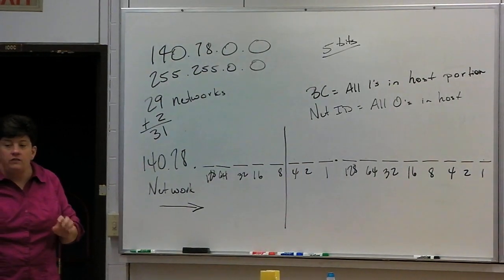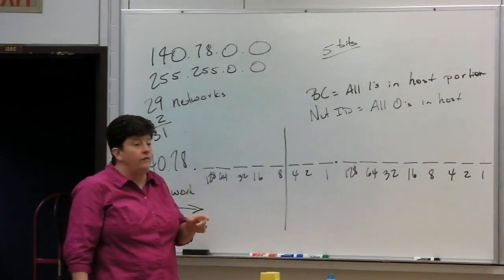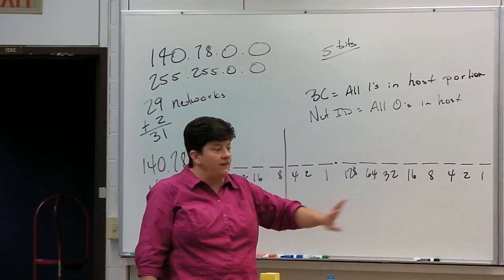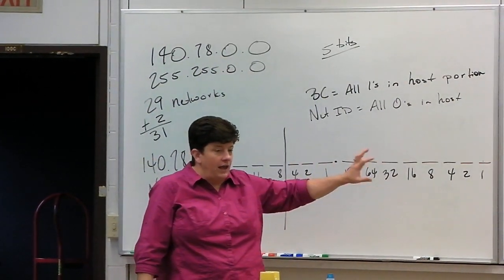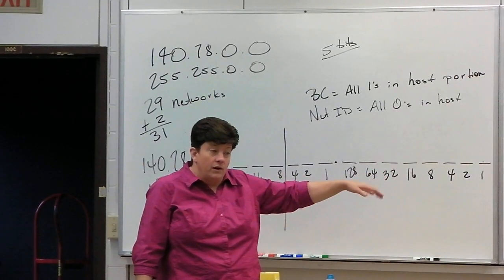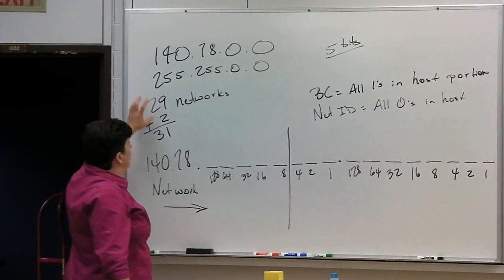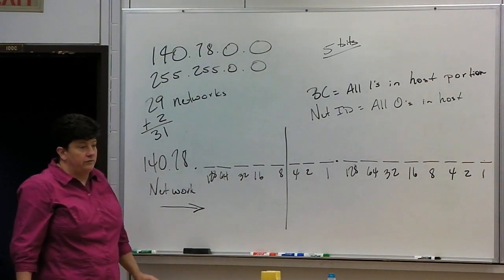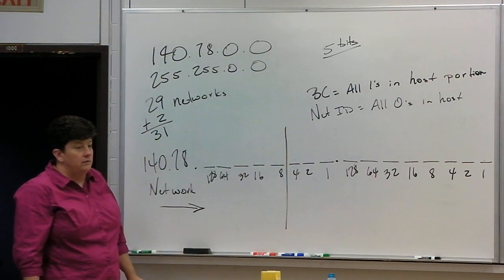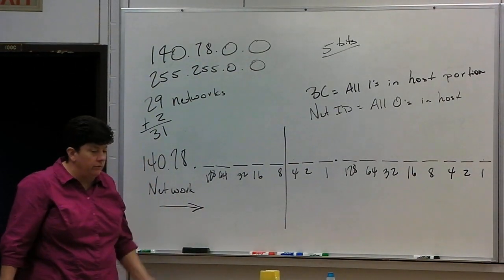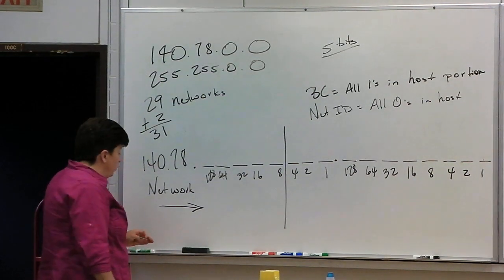Y'all are used to seeing subnet masks written as 255, 255, whatever. We're leaving that. That is the classful system. We are now going into the classless. This is no longer a class B address. Right? You can tell me that by default it's a class B address, and I would agree with you, except that we're no longer going to use it that way.